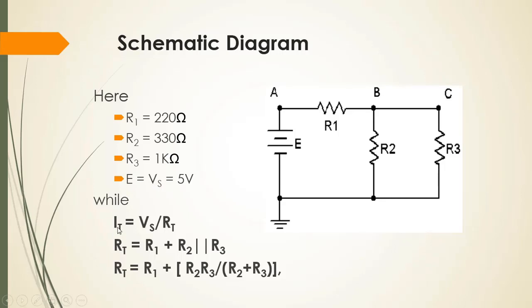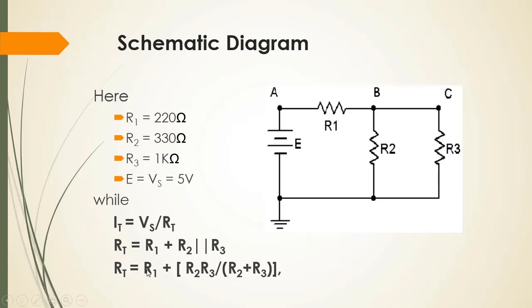First of all, to find the total current, we have to divide the total supplied voltage over the total resistance. The total resistance can be found such that R1 is in series with R2 and R3 which are in parallel.